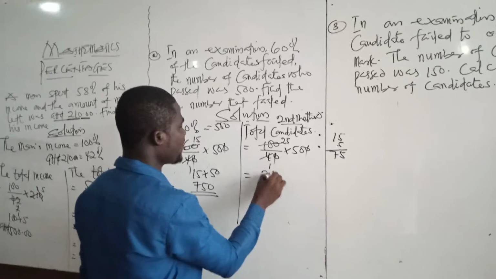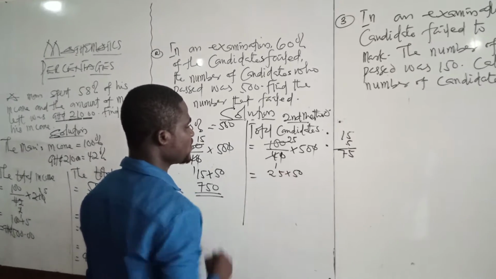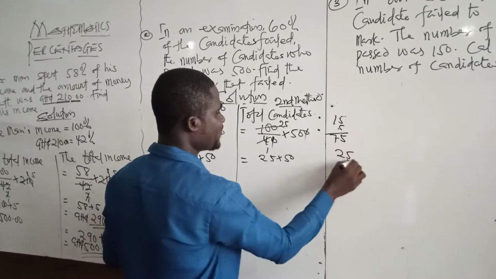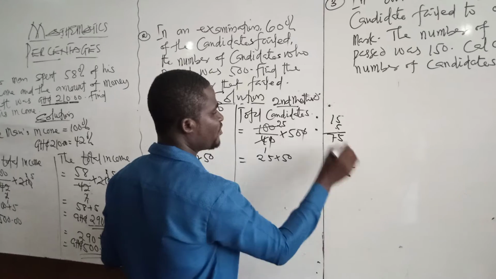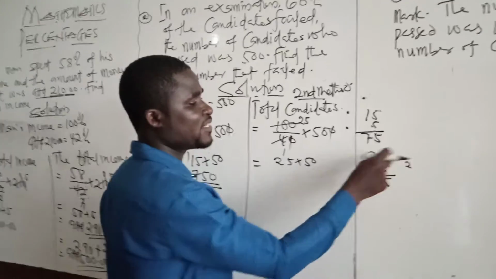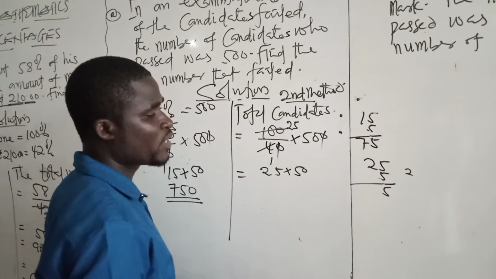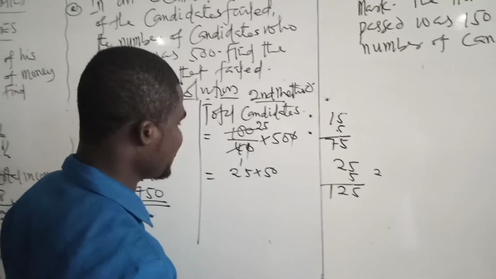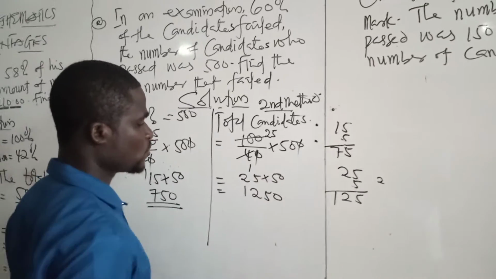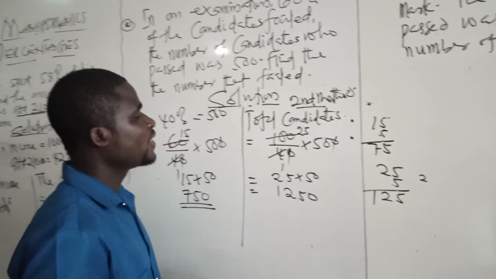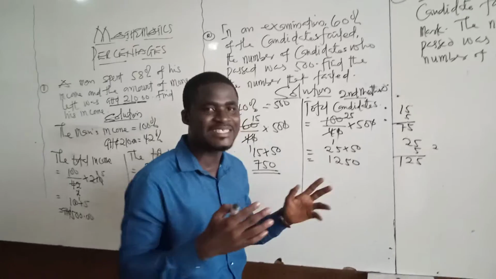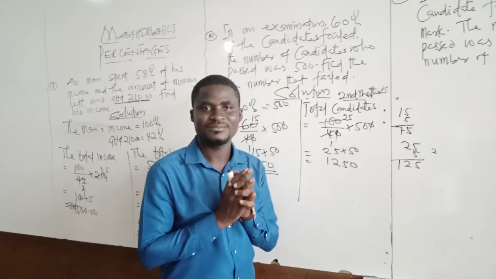So we are going to have 25 by 50. Okay, good. So 25 times 5. 5 by 5 is 25, carry 2. 2 times 5 gives 10. 10 plus 2 gives 12. So we're going to have 1, 2, 5, then add your 0 to it. Good. It means that 1,250 candidates wrote the examination.